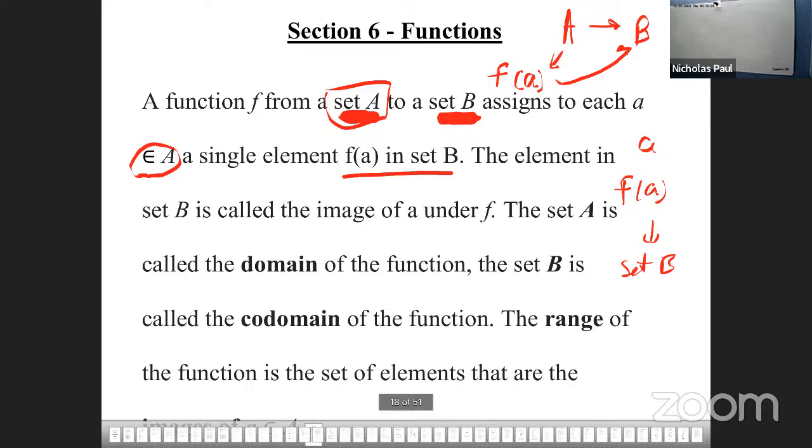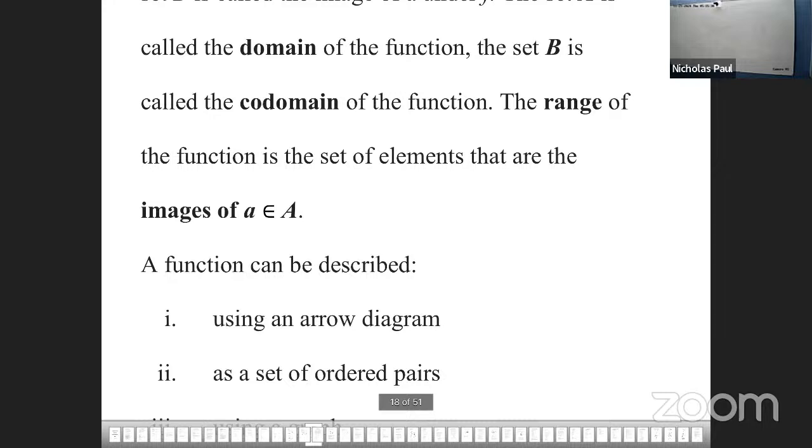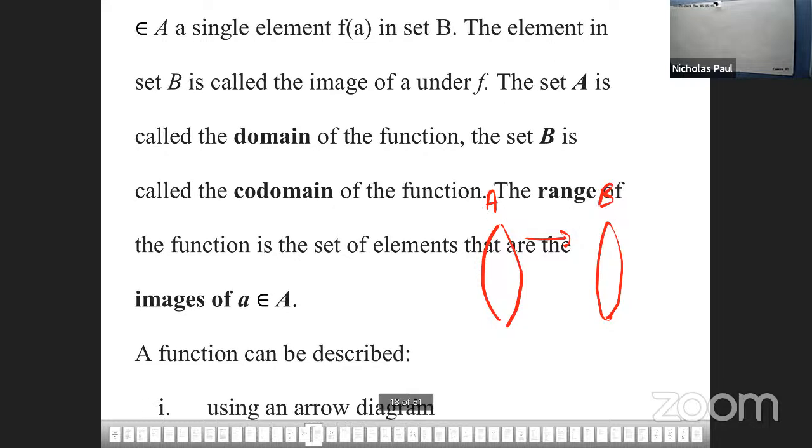The elements in set B are called the images. If you remember your Form 5 stuff, you might remember something like this. You take a set of values, let's call them A, and you map those values onto a set of values called B. All the values in A are called your domain, and all the values in B, provided that they have mappings to them, are called your images.